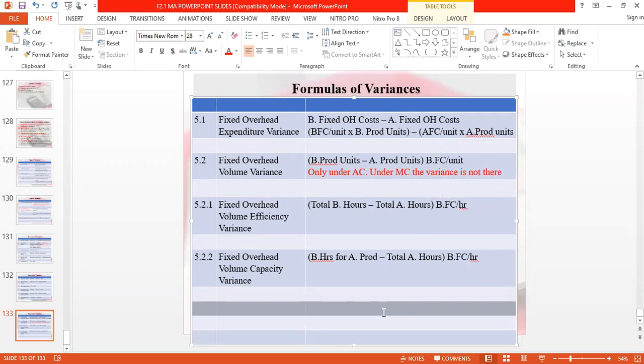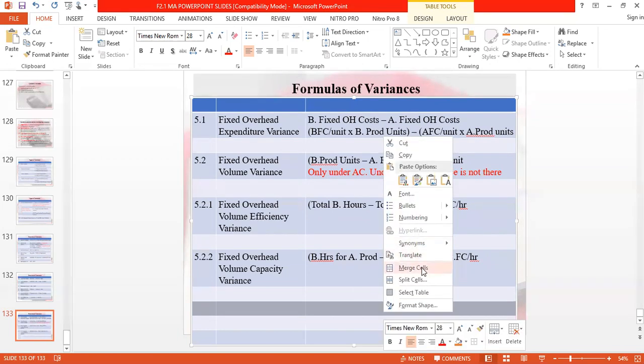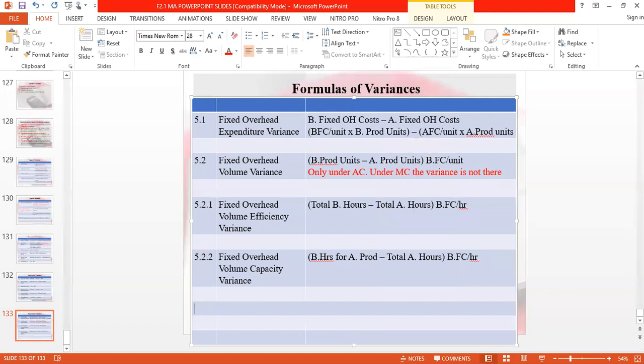Take note, NB: fixed overhead volume efficiency variance plus fixed overhead volume capacity variance is equal to fixed overhead volume variance.